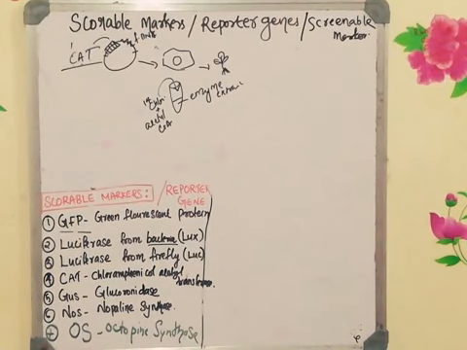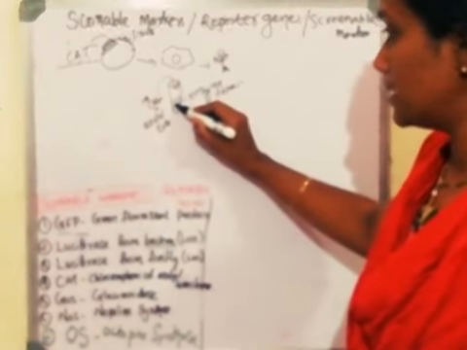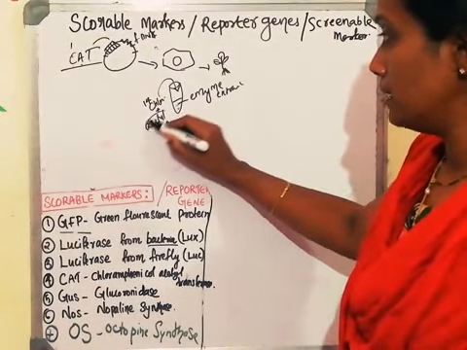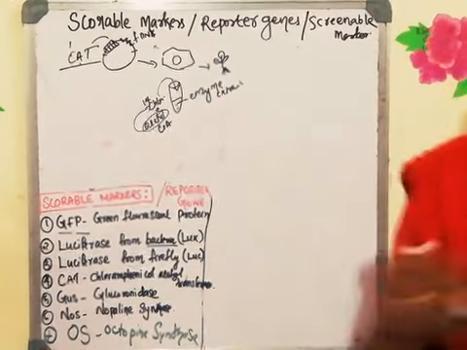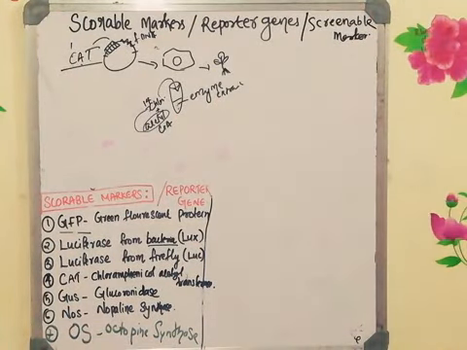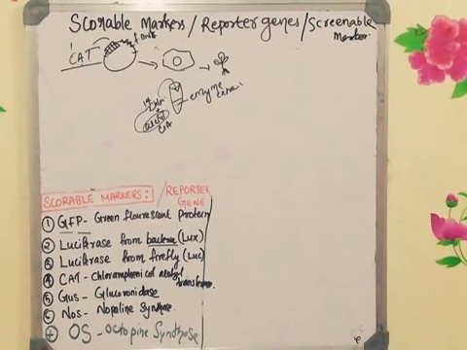The chloramphenicol will be acetylated because chloramphenicol acetyl transferase, which is there in the plant extract, will transfer the acetyl group from acetyl-CoA to the chloramphenicol. So you will get acetylated chloramphenicol.